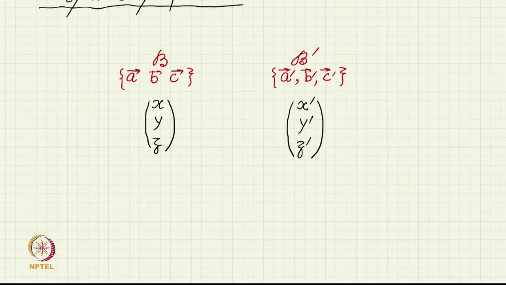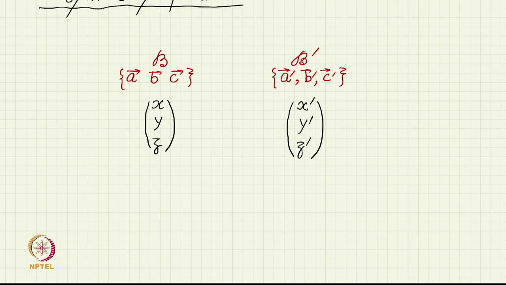So, this is the basis change, and we know how to achieve this is to just multiply by matrix Q. So, this we have learnt.